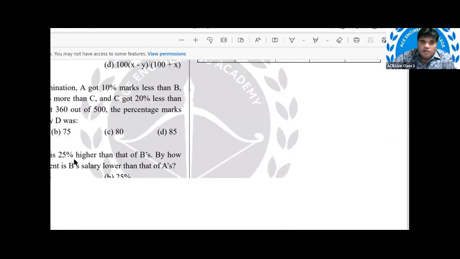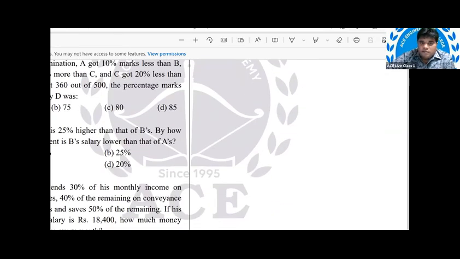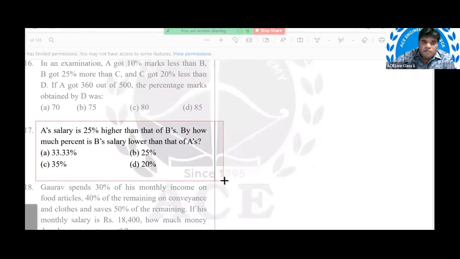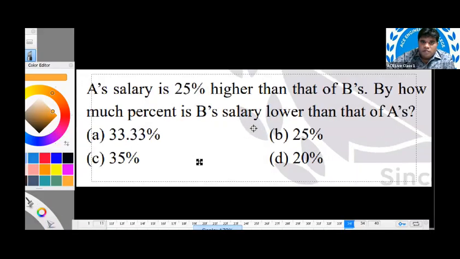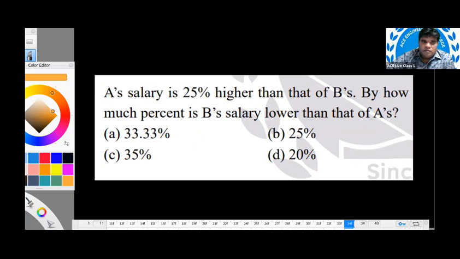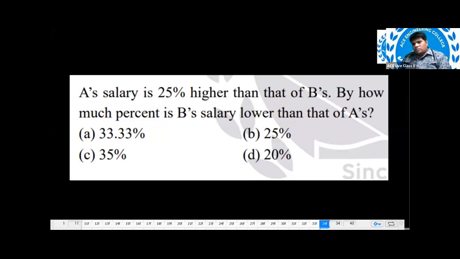Next, this problem. Tell me the answer. A's salary is 25% higher than B. So what is the A value? 125, sir.